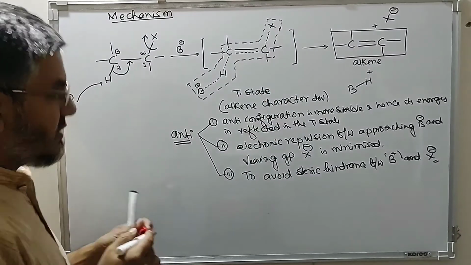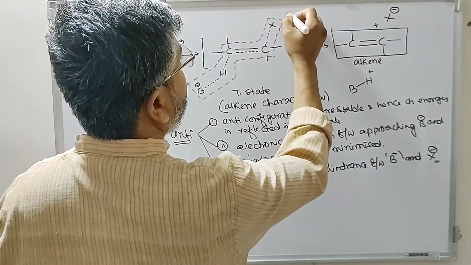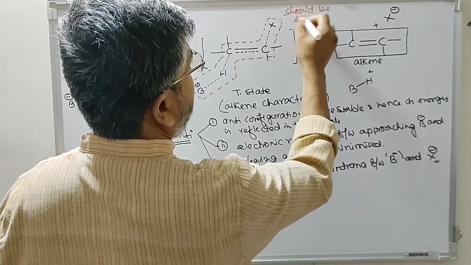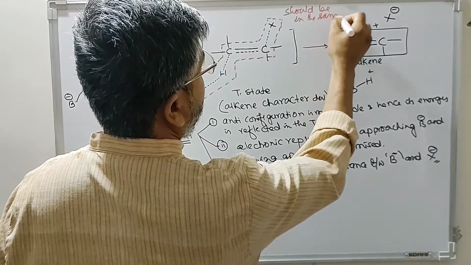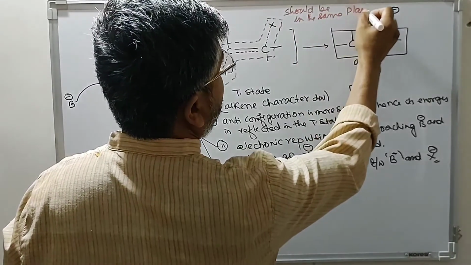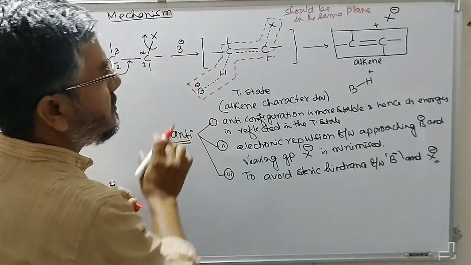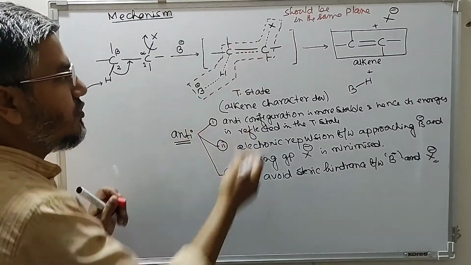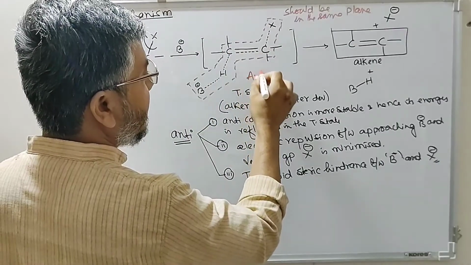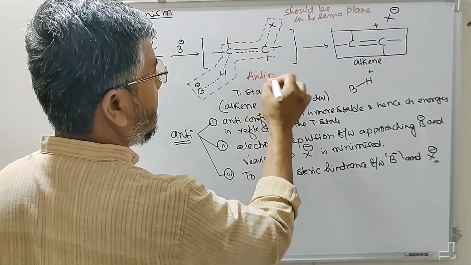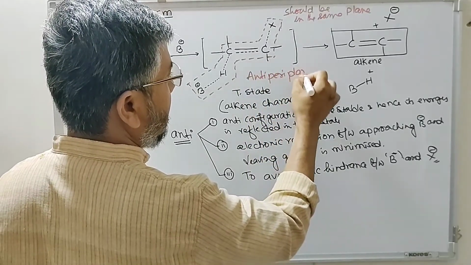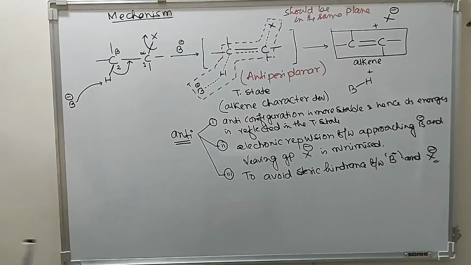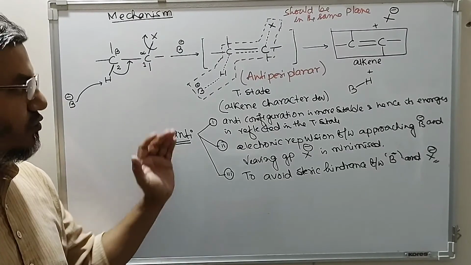So this transition state in which these 5 groups should be in the same plane in anti position is known as anti-periplanar configuration. So we have explained why this has to be anti.